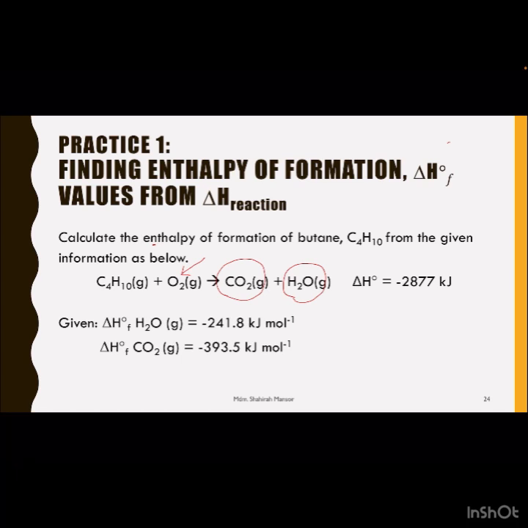So in this example, we have the enthalpy of reaction value, and we have enthalpy formation for these two substances, and this is our unknown. We need to find enthalpy formation of this butane.